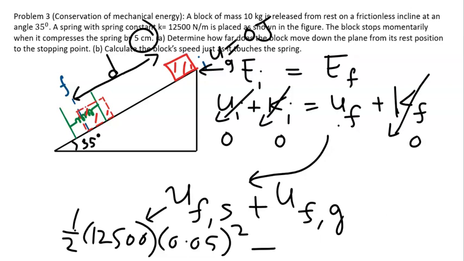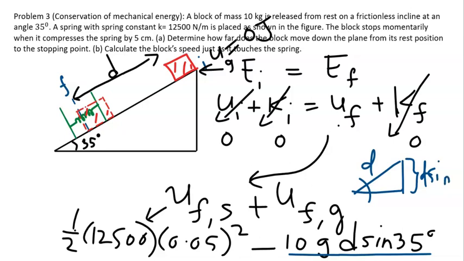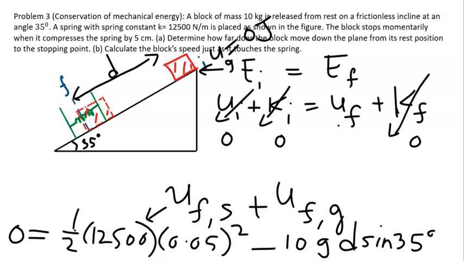And the gravitational potential energy must be negative because the top is 0, so all the lower levels must have a negative value for Ug, which is mass 10, times g, gravitational acceleration, times d sine 35, the vertical distance it is falling through. So this is d, this is 35 degrees, so this is d sine 35 degrees. Equating this expression to 0 and solving for d, we get 28 centimeters for d.